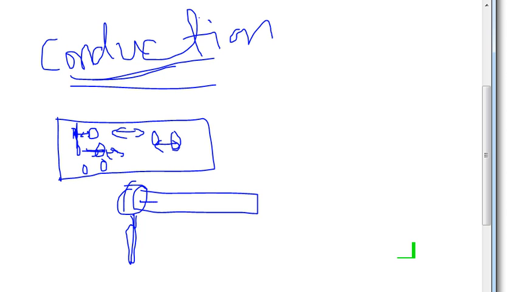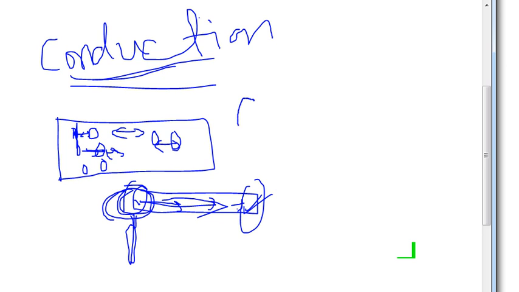You put the rod on the fire, so heat will be transferred from this position to this position, and this is your hand. After some time, about 5 minutes, you will feel this region become hot. Initially the temperature of the region near the fire increases, and after that heat is transferred along the rod. So this is conduction.